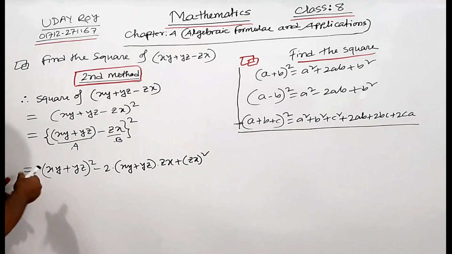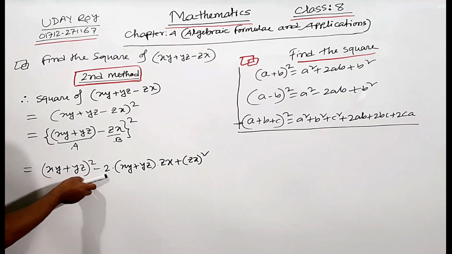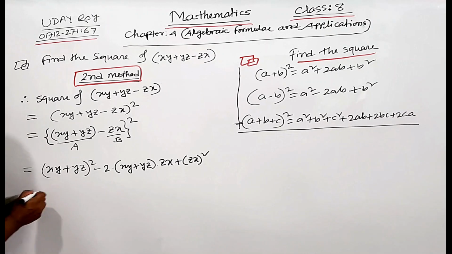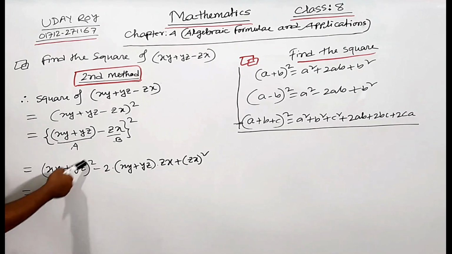So we have got here a square minus 2ab plus b square. Now you can see here is a plus b whole square.